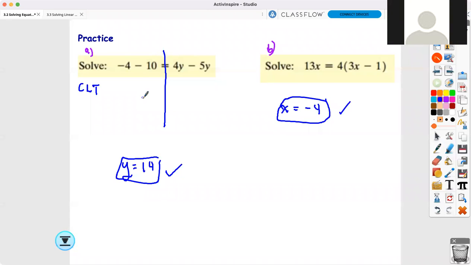-4 and -10 are like terms. So how do we combine -4 and -10? What's in front of the 10 here? It's -10. So what's -4 minus 10?